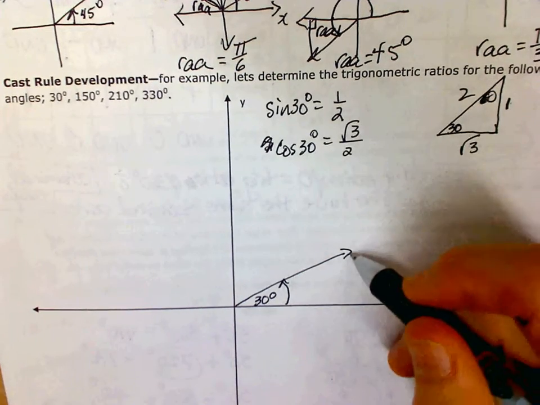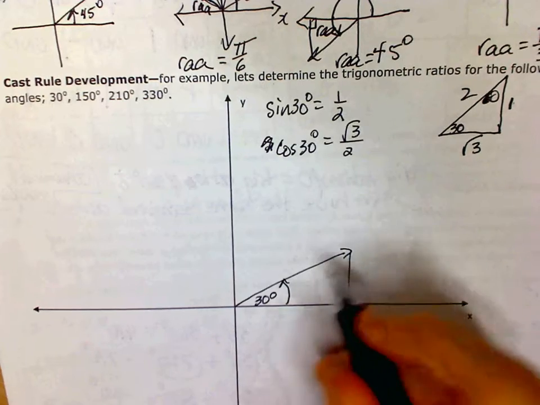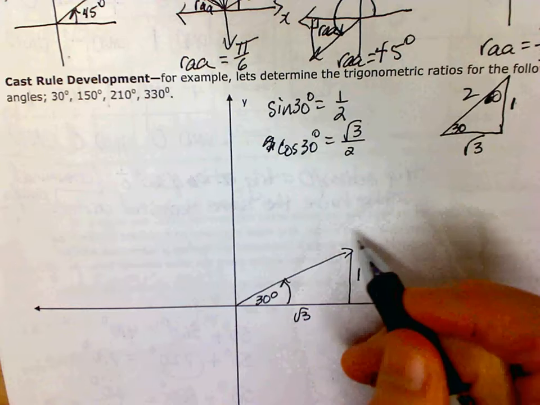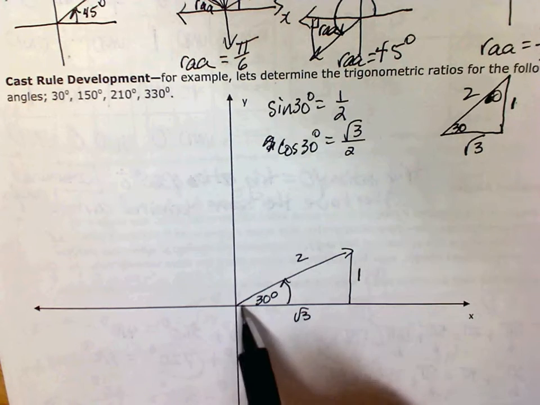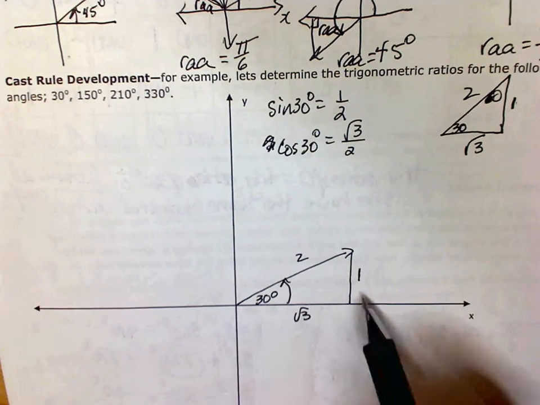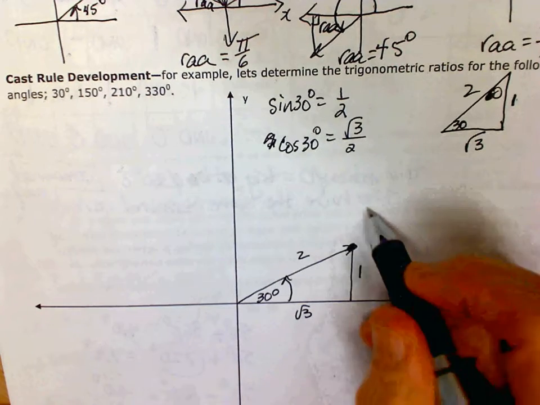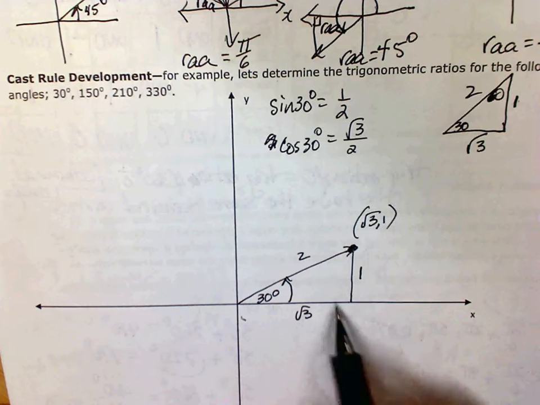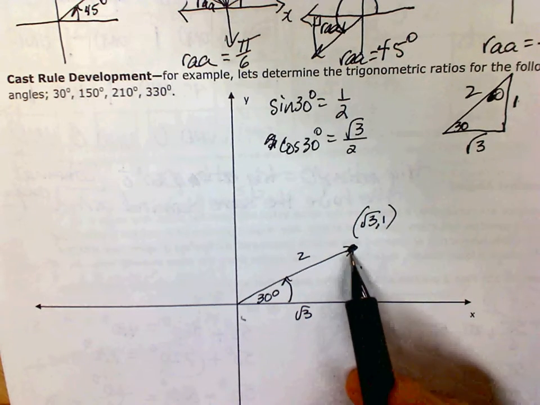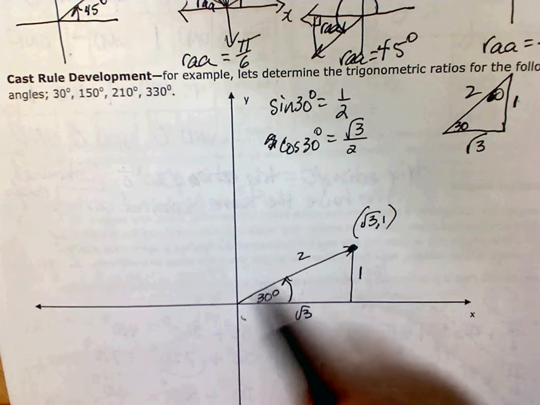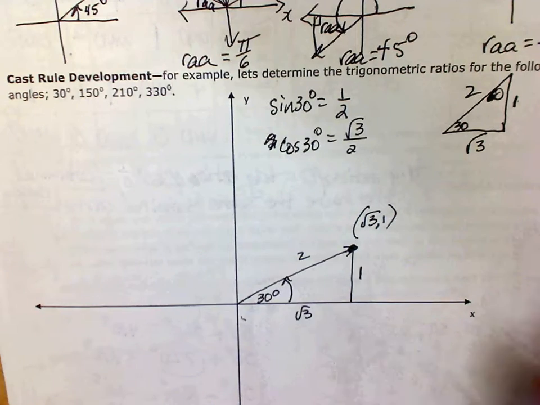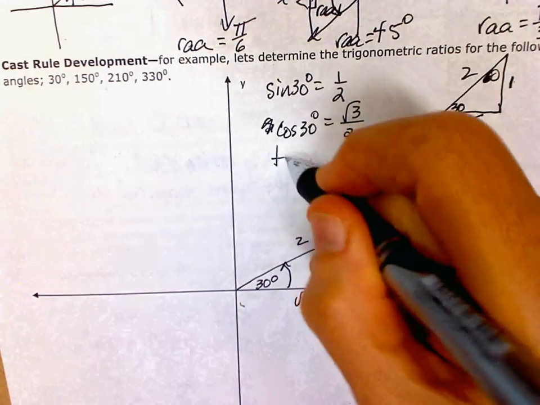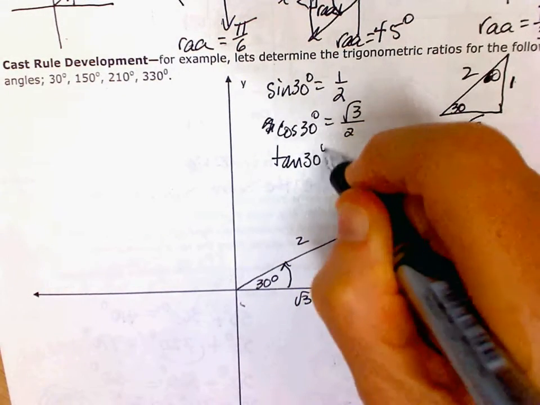Do you agree if this is 30, there's a 1 here, there's a root 3 here, and r is 2? Notice that this is the point root 3 comma 1. X is positive here, y is positive here, hypotenuse is always positive, so everything here is positive. All the trig ratios are positive. What's tan of 30 degrees?